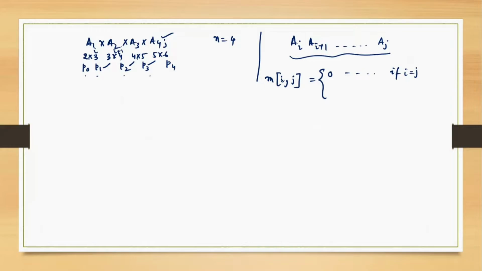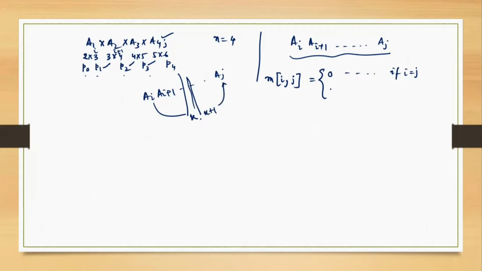So we are dividing the chain, symbolized as Ai plus 1 up to Aj, at the position k. So there will be i to k, and the second segment starts from k plus 1 and ends at j.